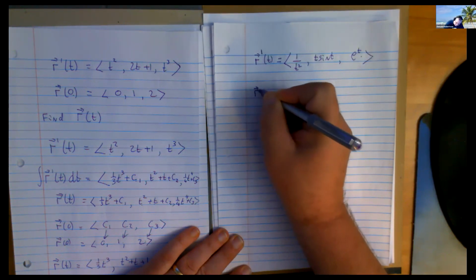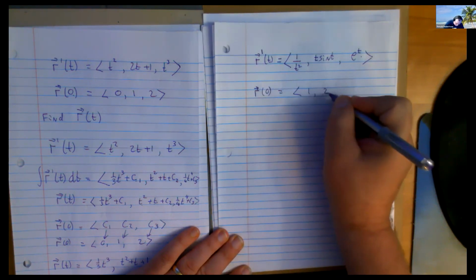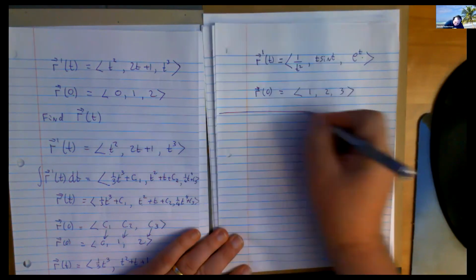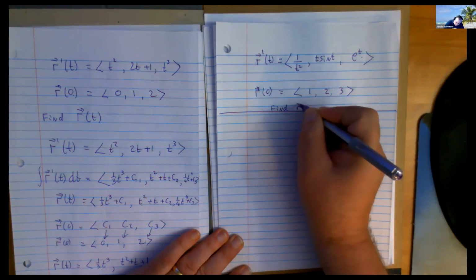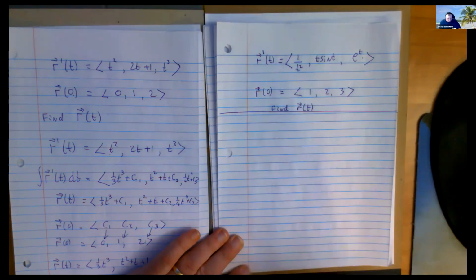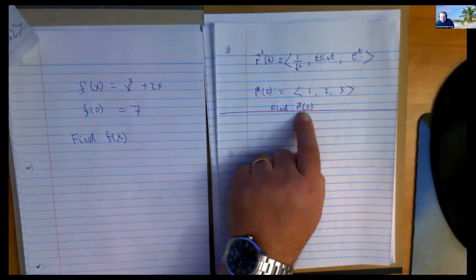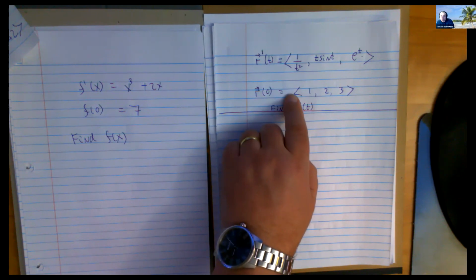Suppose r at 0 is 1, 2, 3. And we're being asked to find what unique space curve, because there's only one space curve that this will be true for, has a derivative of this and a position at 0 of 1, 2, 3.